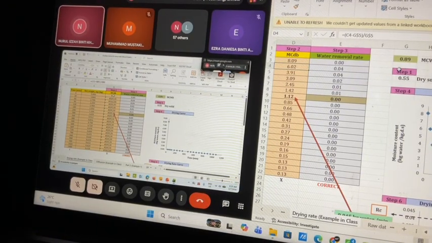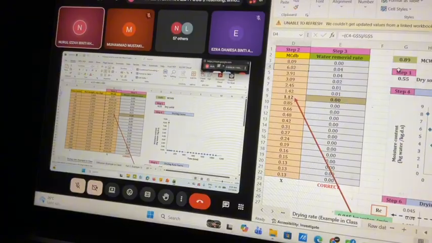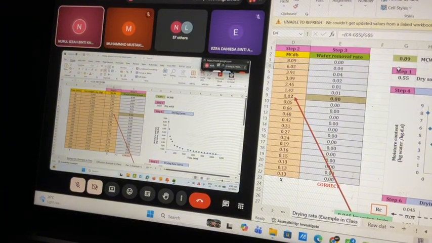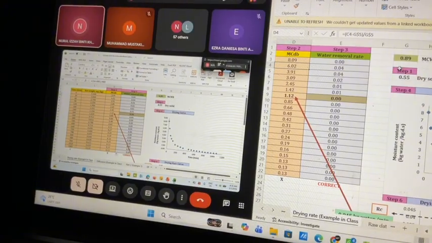So every time another row wants to calculate, it will refer to the same row, which is G5 here. Otherwise it will go to G6, G7 according to the row. So to make sure it only minus this value, you have to put the dollar sign. That's why you will get the dry basis.